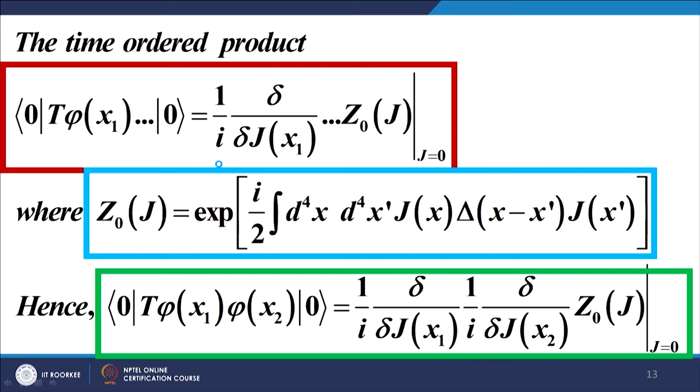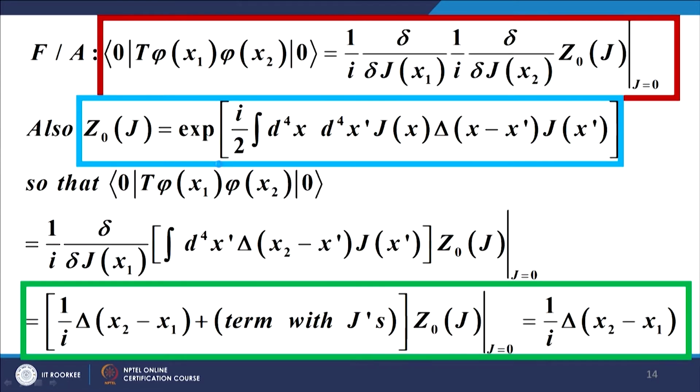In other words, for a 2-point function, we have the expression given in the green box, a double derivative at different points x1 and x2 operating on Z0[j], and then putting j equal to 0.